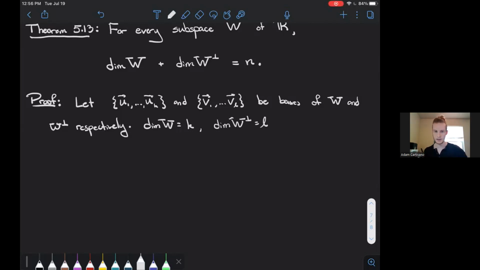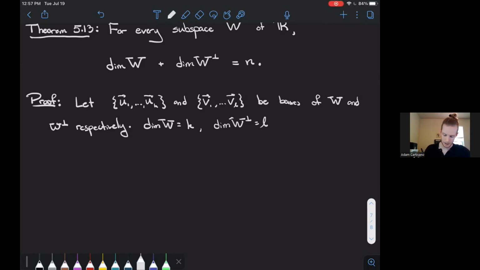I'm just saying, given some subspace W, it has some dimension. Call that dimension K. Given the subspace, and then given its orthogonal complement, W perp, that is a subspace by theorem, like whatever one we saw earlier. It has some dimension. Call that dimension L, right? What I want to show is that K plus L equals N.